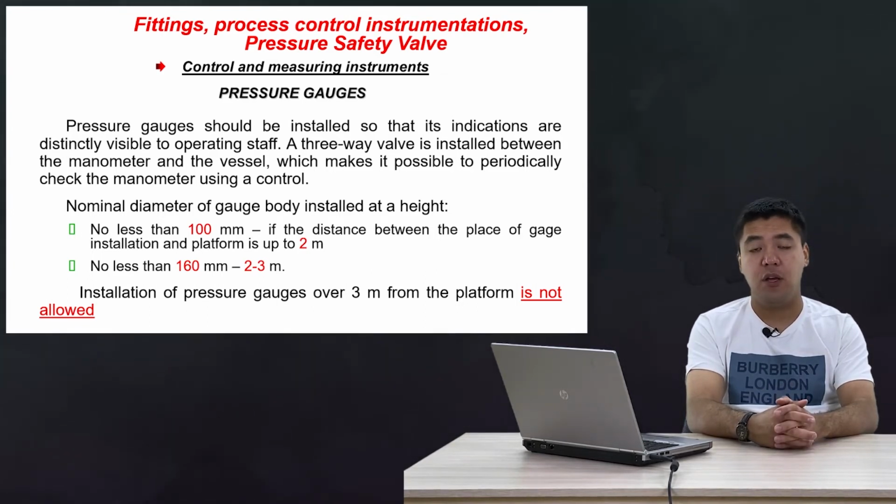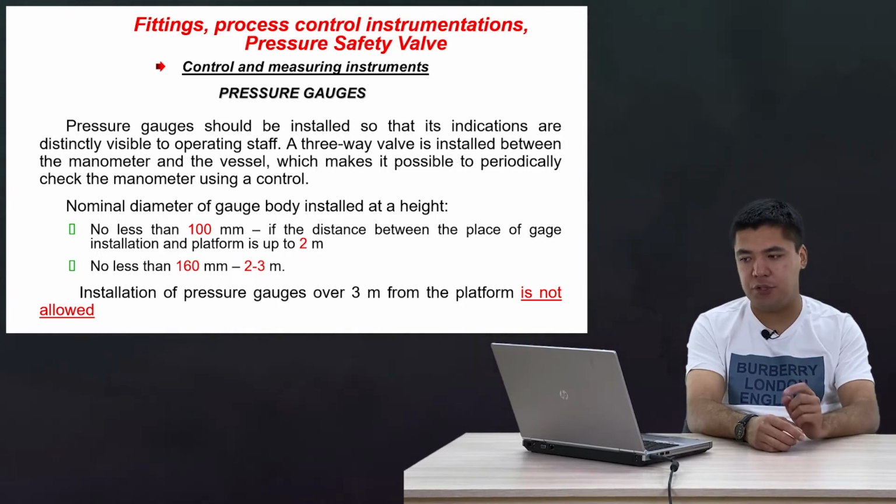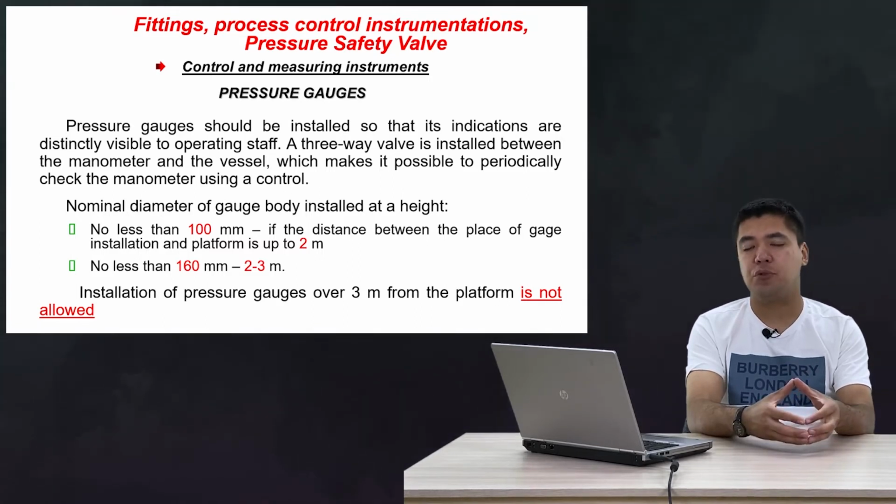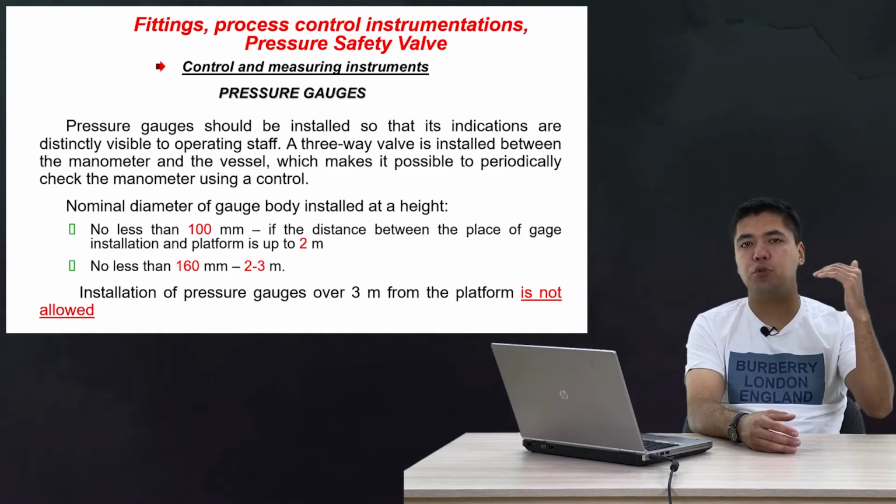So depending on the place on the equipment, pay attention to the following information. The scale or screen of the pressure gauge shall be no less than 100 millimeters if your pressure gauge is going to be installed at a height not over 2 meters.